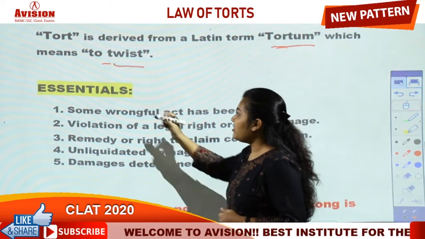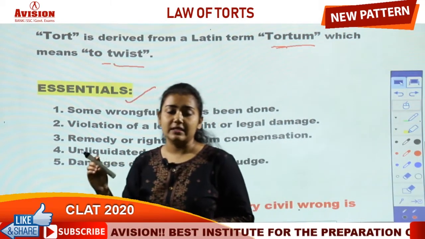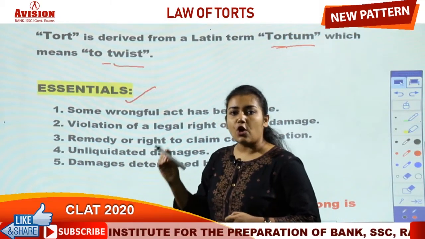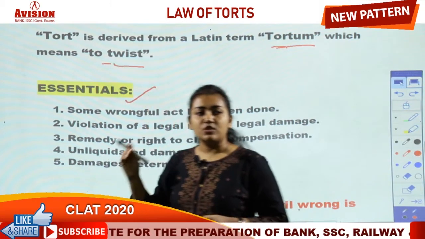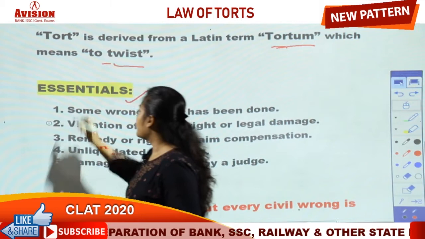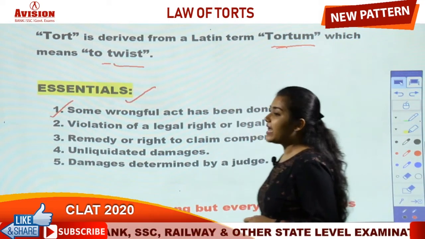Now, what are the essentials? How can you say that a tort has been constituted? So, what are the essentials of a tort? Number one essential is some wrongful act has been done.